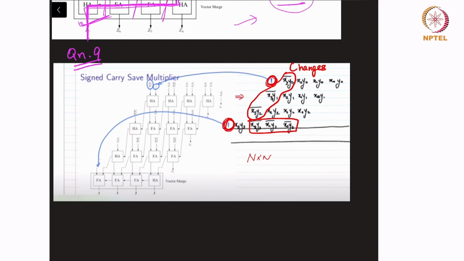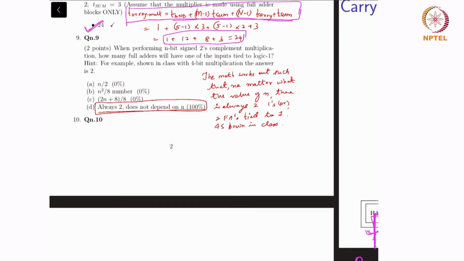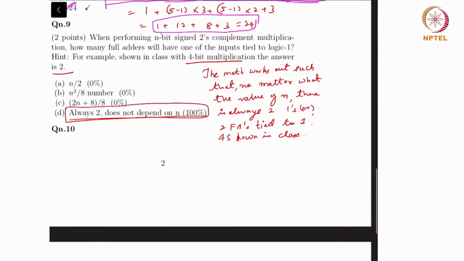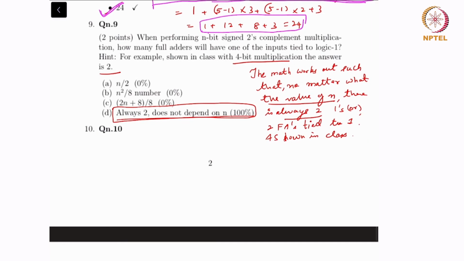So these two ones, as pointed out here, 2, in the 4-bit multiplication case, the answer is 2, right? So the math works out such that no matter the value of n, there always are 2 full adders tied to 1. When you work out another example of the same, you will understand this in even more detail. So always 2 is the right answer here, right?